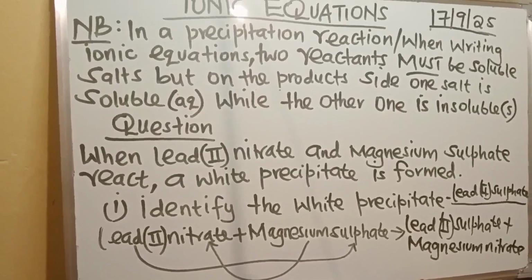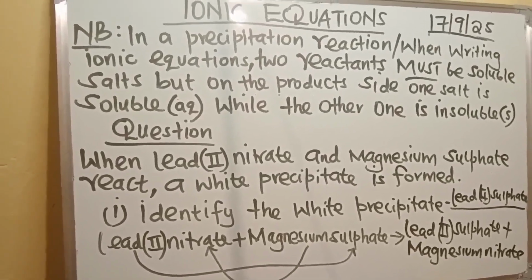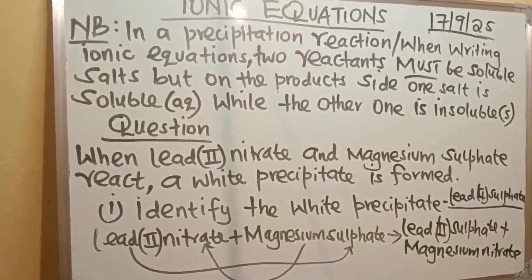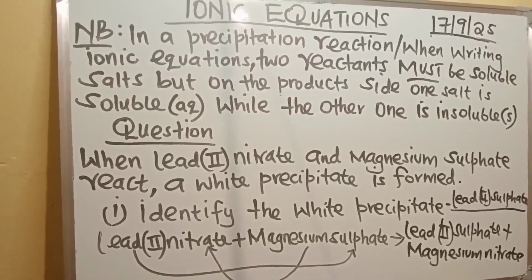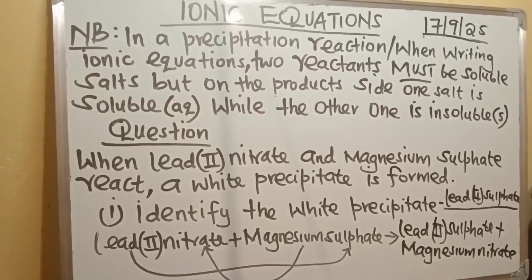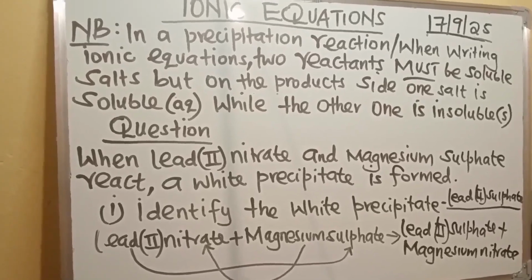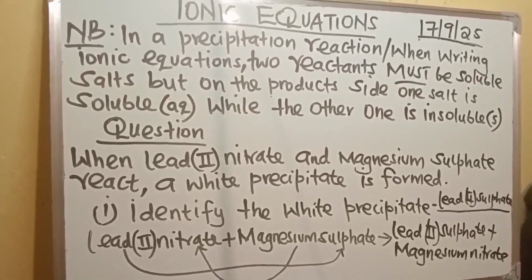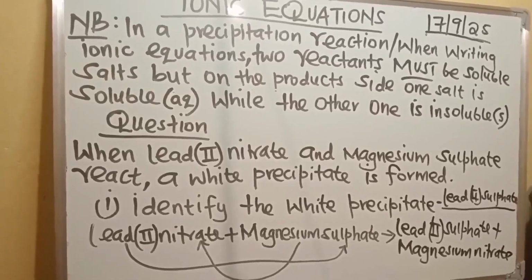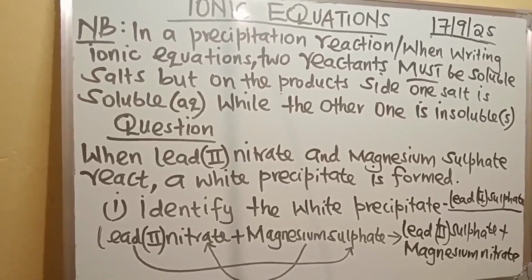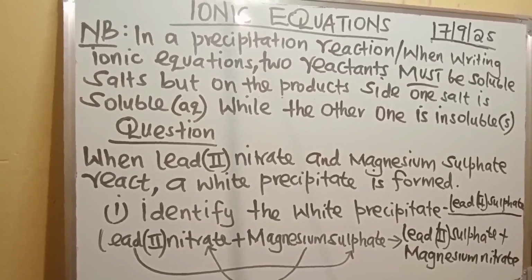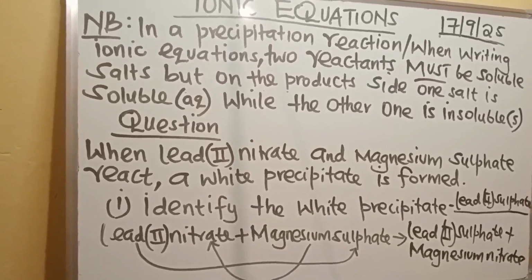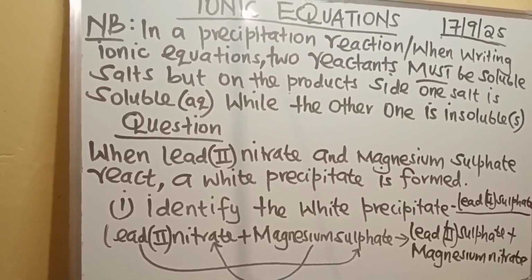So I hope you have got the secret behind writing a correct word equation that will take you direct to the answer. A point to note is that anytime you are asked to determine which of the salts is a precipitate, remember it is any salt that is insoluble in the word equation.